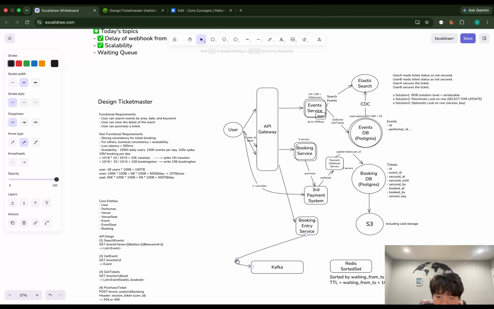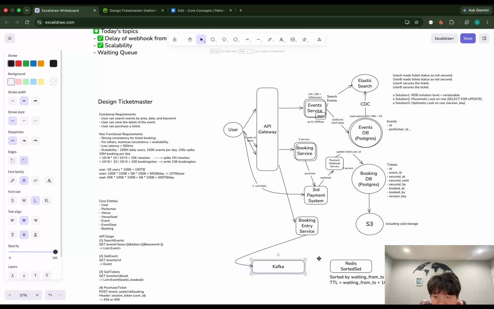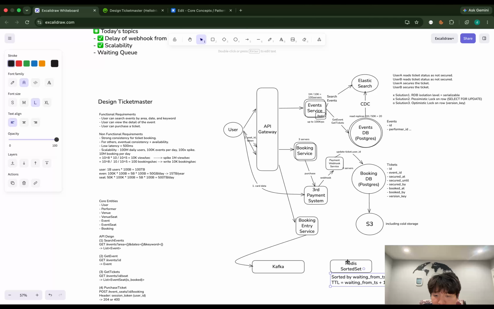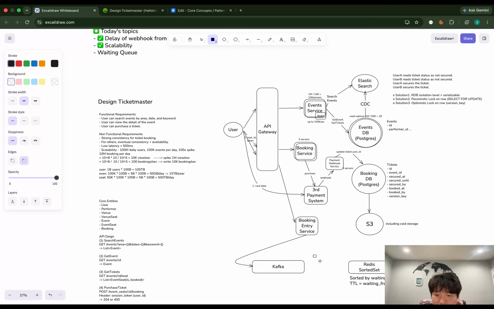When user tries to wait in the waiting queue, he is pushed into Kafka. When a user enters the booking page, he is stored in the Redis SortedSet. And the problem here is how I can move this to this.